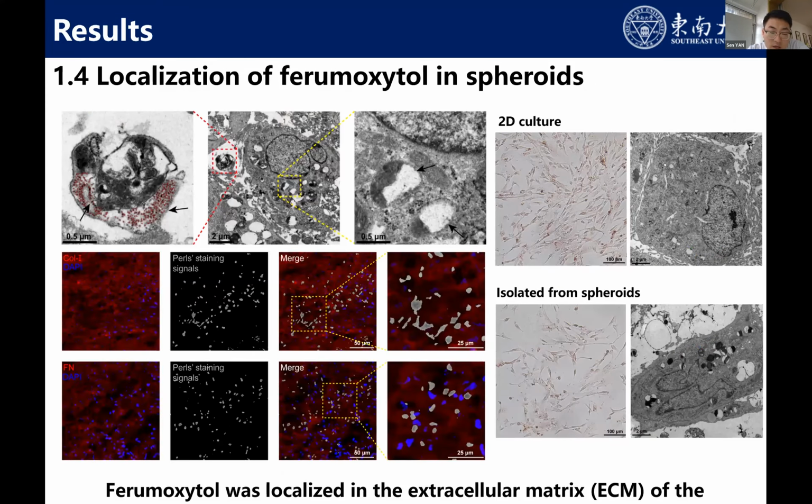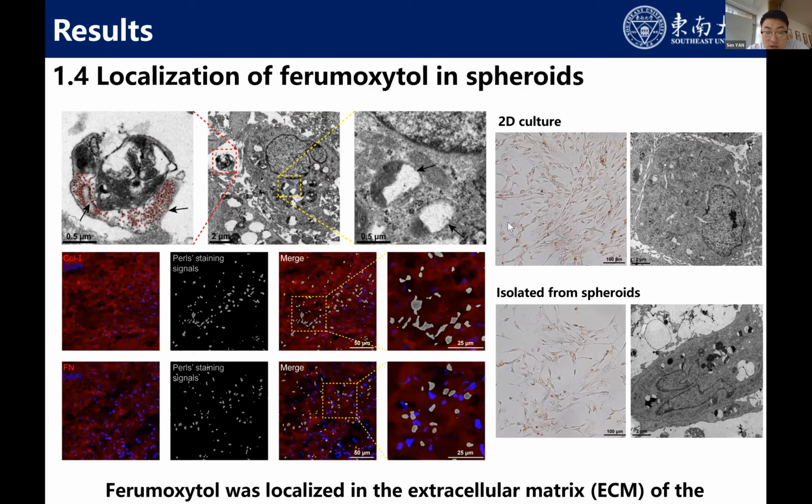To explore the labeling mechanism, we believe our method is extracellular labeling. We used TEM to observe the location of ferumoxytol in spheroids. In this figure, we cannot find accumulated ferumoxytol within the cytoplasm of cells in spheroids and the traditional cell culture cells, while aggregates of ferumoxytol were found in the extracellular space.